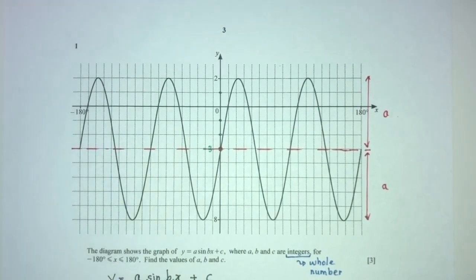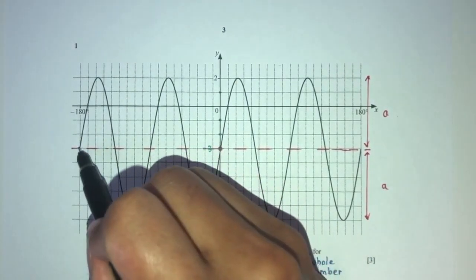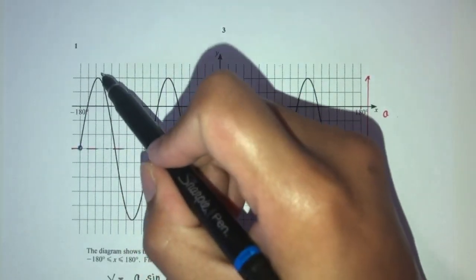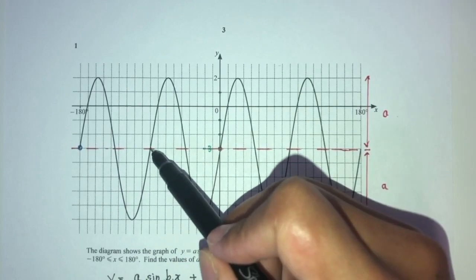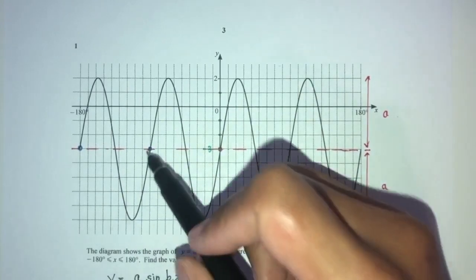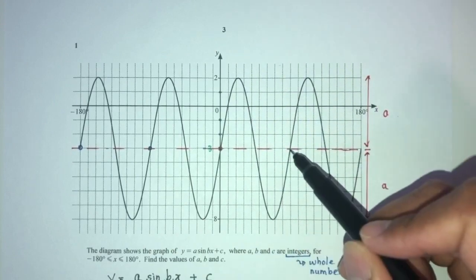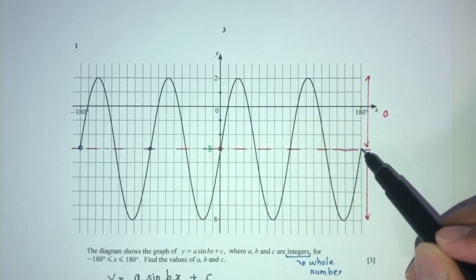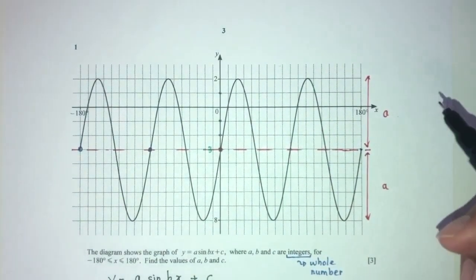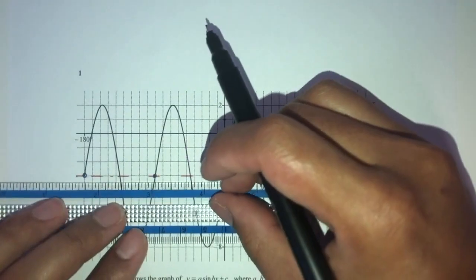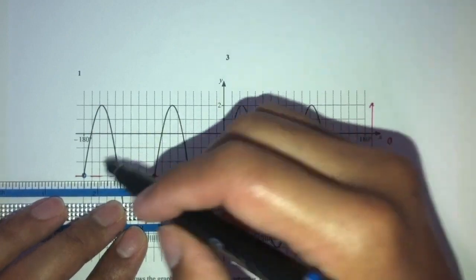For example, if my graph begins here, to complete one cycle it goes up, then down, until here. One cycle. This is the second cycle, third cycle, and fourth cycle. But I just need to know one, so I can see that my graph completes one cycle between this length.